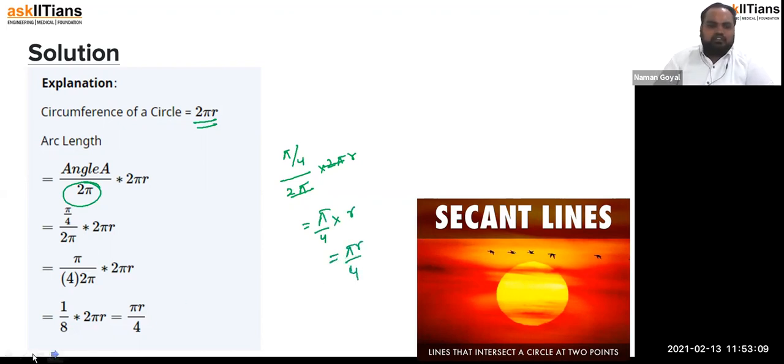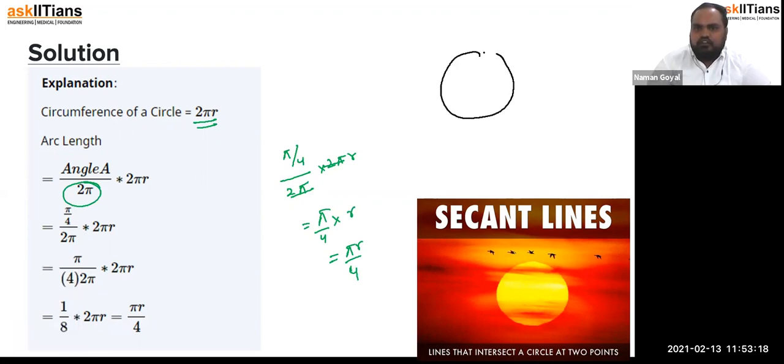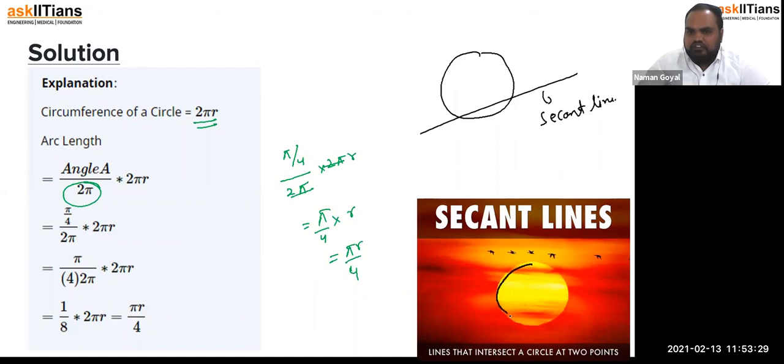Okay, now the next concept is what? Secant line. You know what a secant line is? Let me show you. See, if there is a circle and I draw a line which cuts the circle, that line is known as a secant line. If you see, there is a sun which is nearly in the shape of a circle.